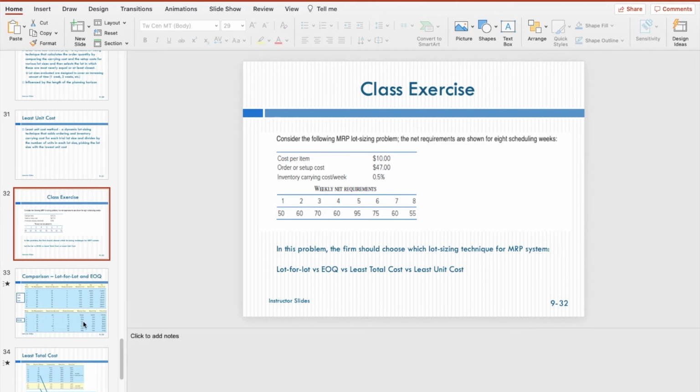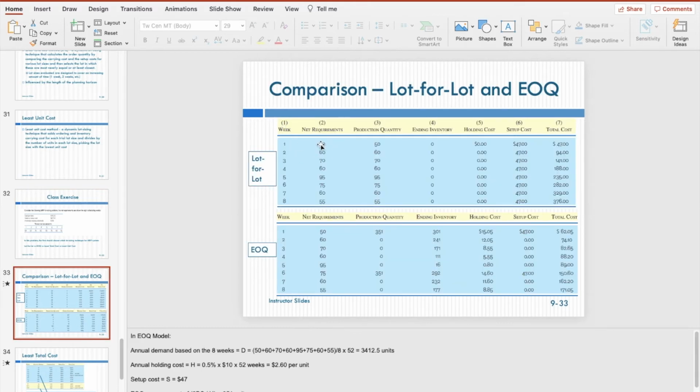So no matter whether you order 50, 60, 70, 60, 95, among all these different periods, you always incur an ordering cost of $47 in every period, because you order for every period. That's why the setup cost in every period is always the same amount, $47.